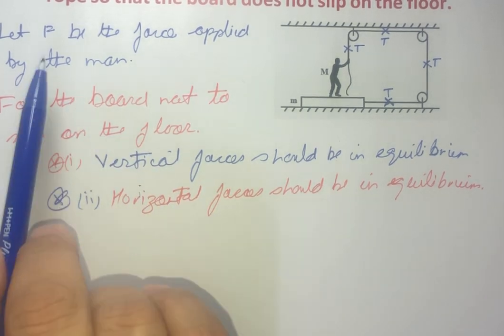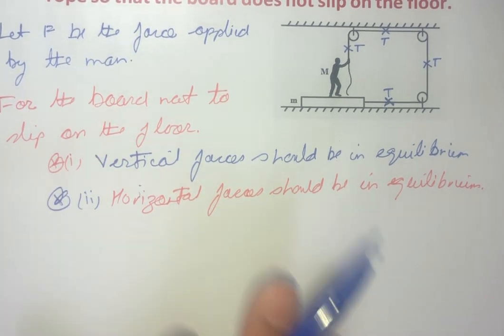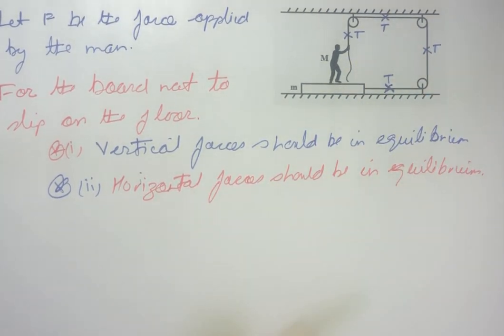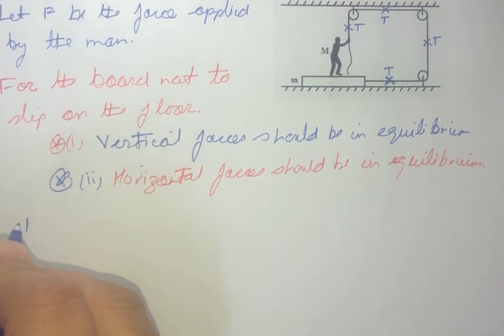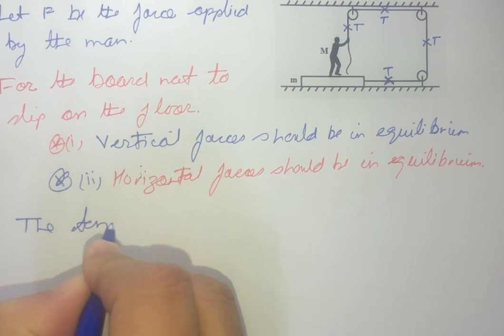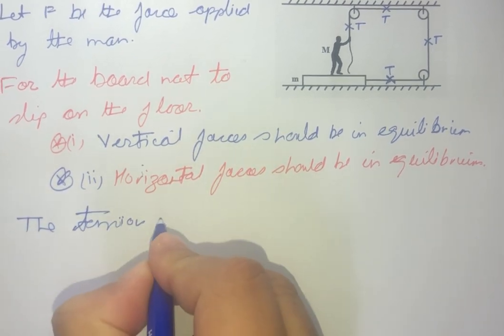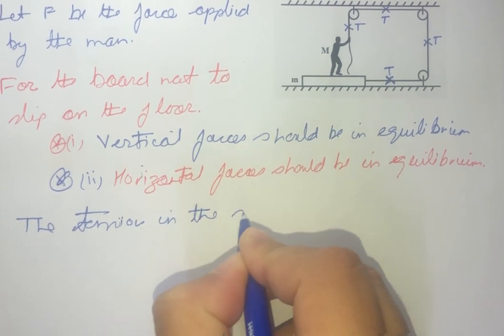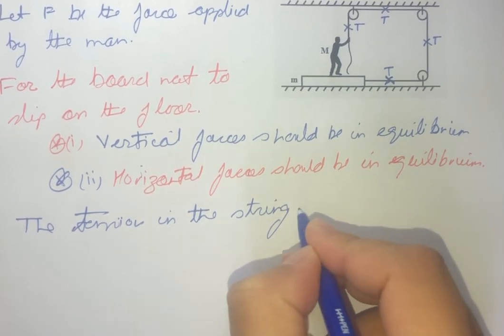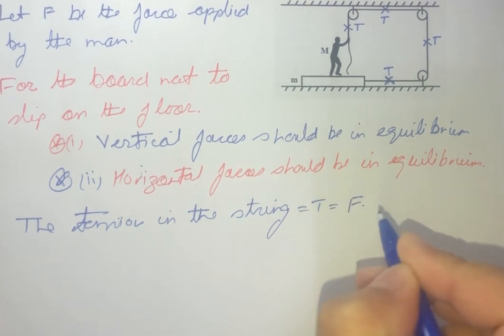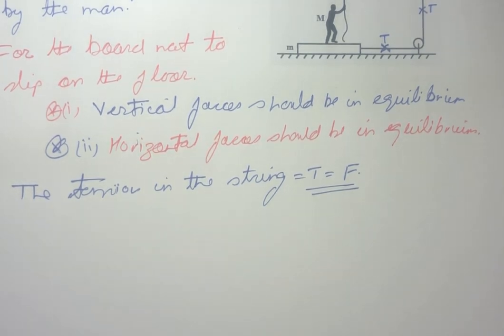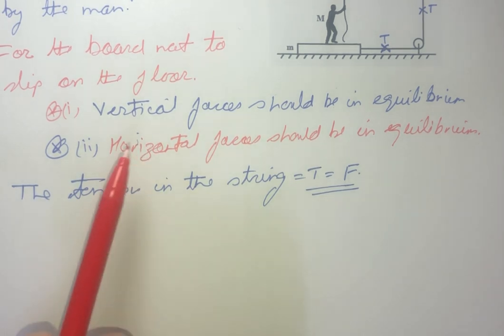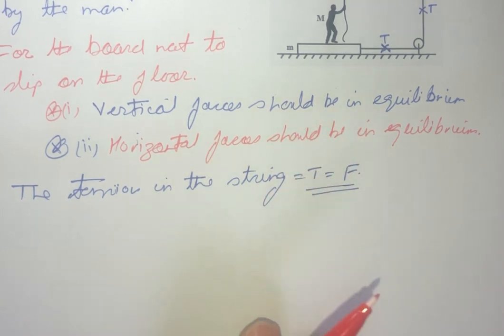So we already said that if F is the force applied by the man and T is the tension, then we can clearly see that the tension in the string, T, will be equal to the applied force F. And secondly, the vertical forces should be in equilibrium.